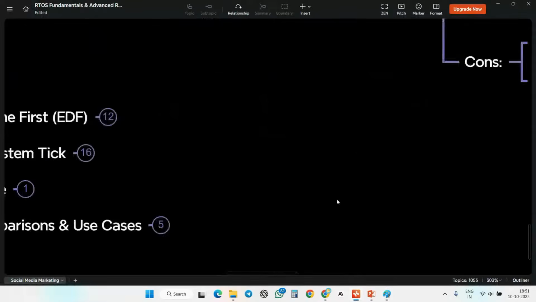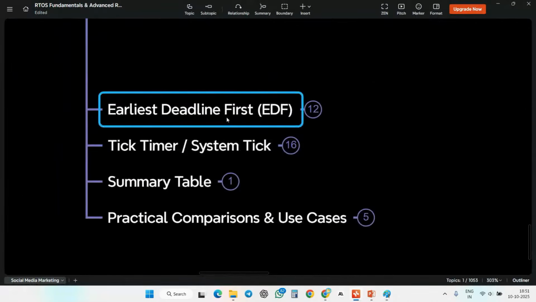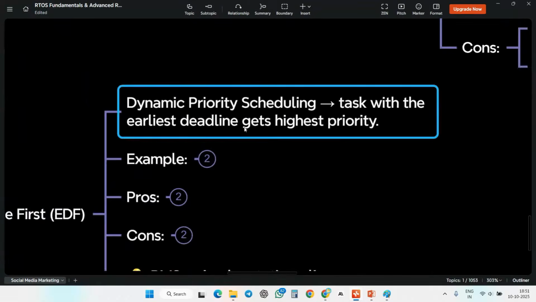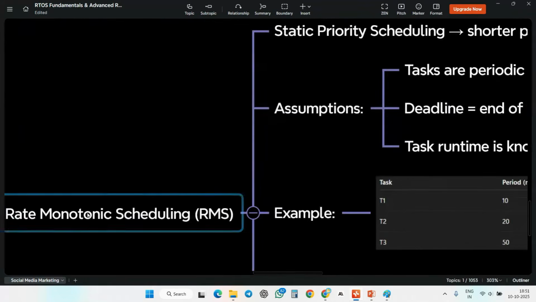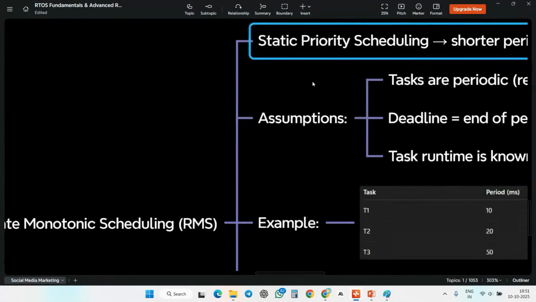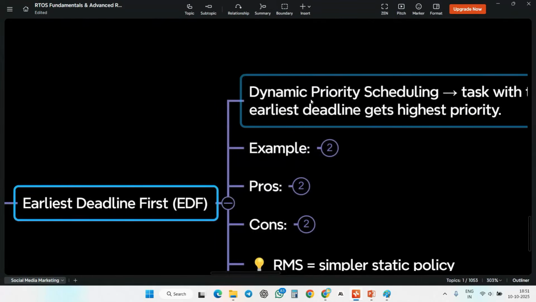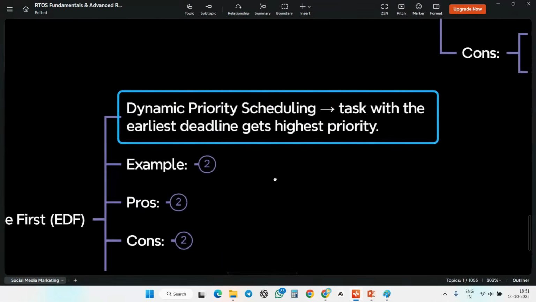And then we are going to discuss earliest deadline first. This comes under dynamic priority scheduling. I previously said that rate monotonic comes under static priority scheduling, but earliest deadline first comes under dynamic priority scheduling.